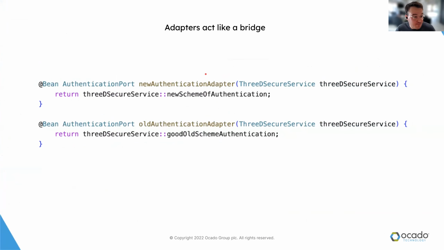So this is a Spring bean. I have two adapters: the new authentication adapter and the old authentication adapter, which is just a method reference to the old code. At runtime, it will be the same function being executed. The difference is that I have moved these concerns to another place. The if condition will be in another place.